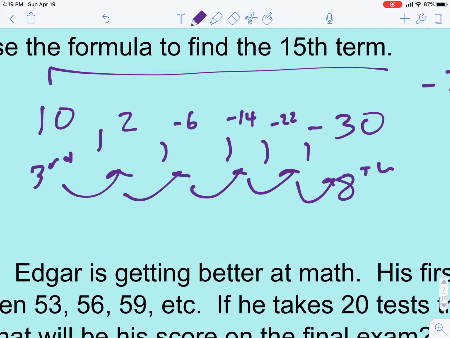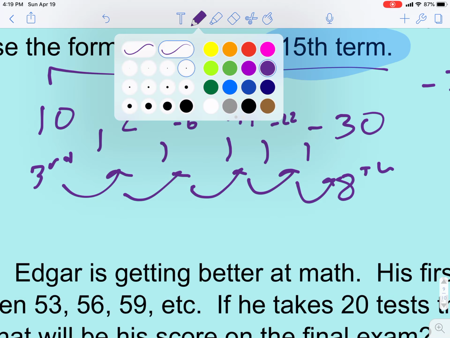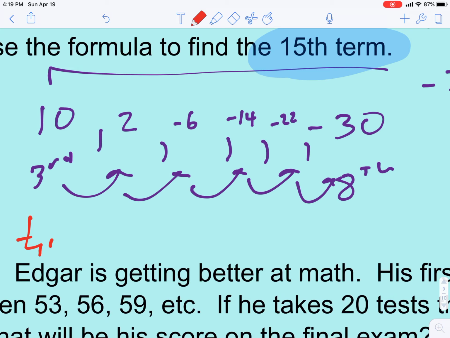Okay, now we want to use the formula to find the 15th term. Well, to find T15, you need to know the first term. We don't know the first term. We know the third term, and we know our pattern is going down by 8.